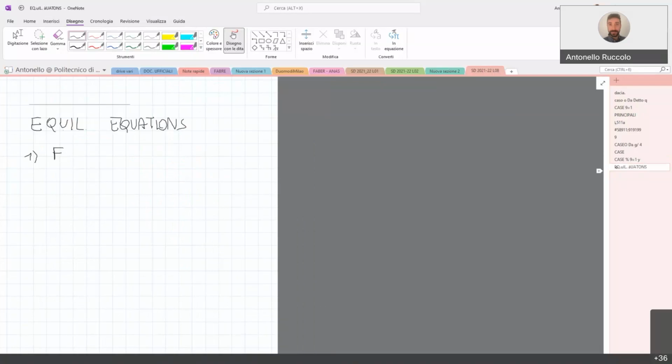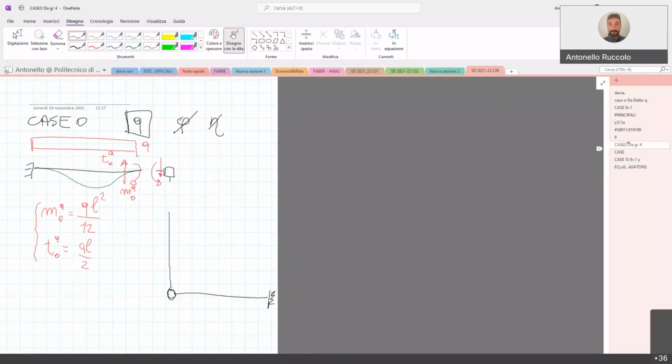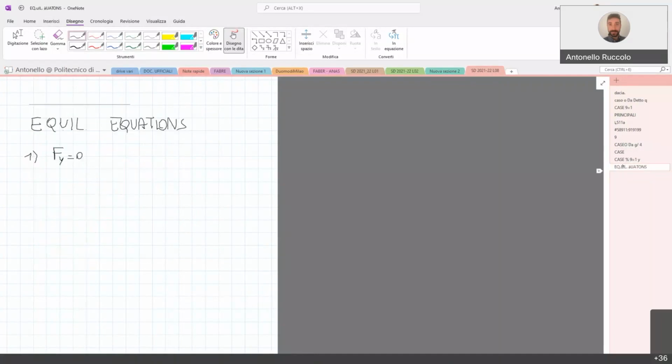So the first equilibrium equation is obviously related to the first kinematic unknown that we have addressed. So Fy is equal to 0, because it was related to the vertical displacement. In the case 0, we have the shear force, that is T0A. First of all, we fix the positive downwards.